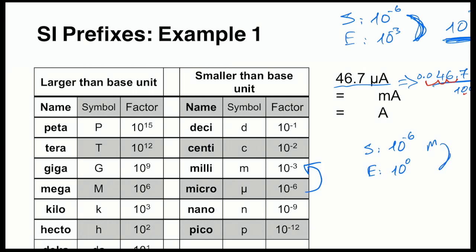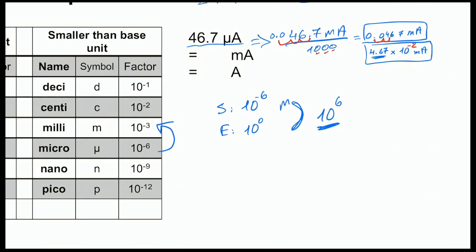So the difference between the two is 10 to the power of 6. However, am I going to multiply or am I going to divide by 10 to the power of 6, which is 1,000,000? Well, I can see that I'm going up to the base unit. So going up means divide. All right. So 46.7 microamps divided by 10 to the power of 6, which is 1,000,000.